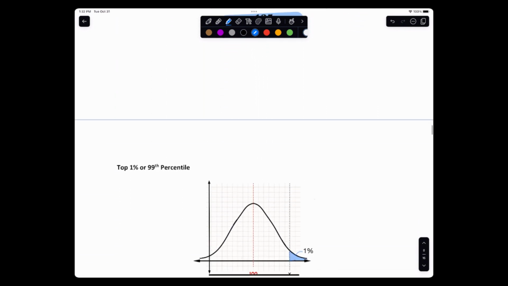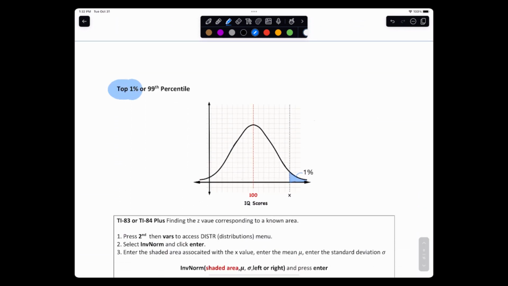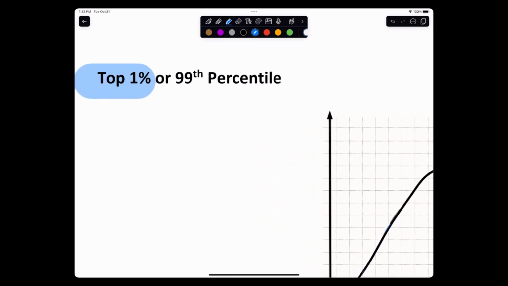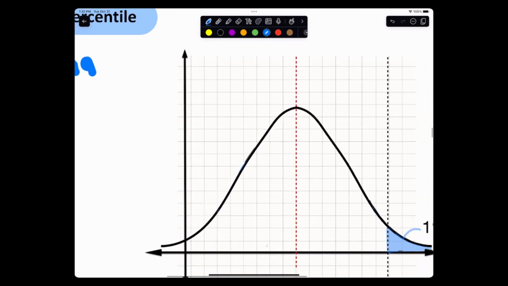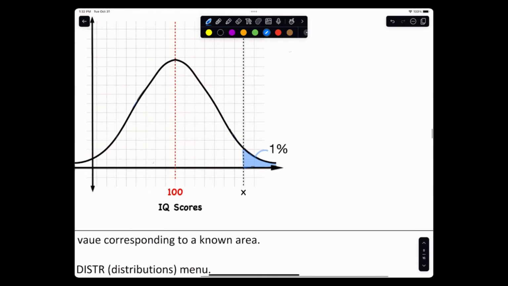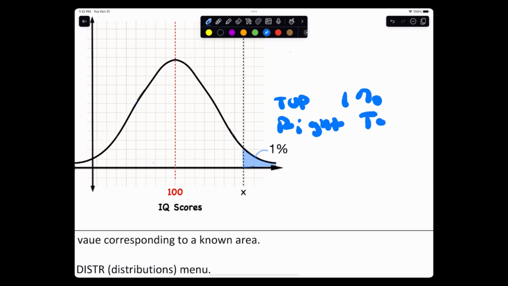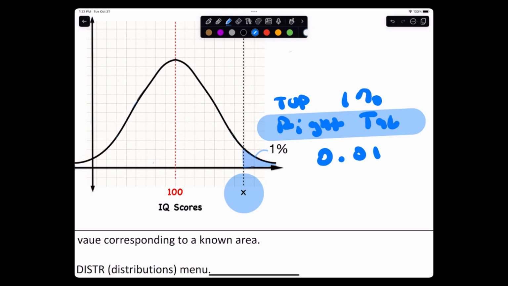Now, I went down to the top 1%. Top 1% means the 99th percentile. That's the same question. Why? Because top 1% is a right tail, and then 1% is 0.01. Right tail, 1%. There's that X value. We want to find what that is.